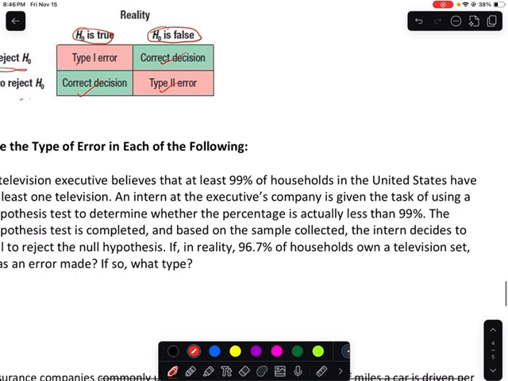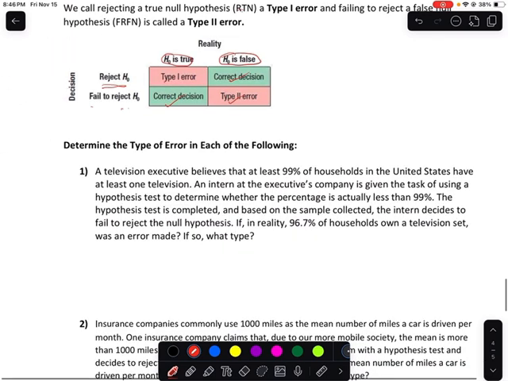Okay, so now examples where we have to determine what type of error has been made. The example says a television executive believes that at least 99% of households in the United States have at least one television. An intern at the executive's company is given the task of using a hypothesis test to determine whether the percentage is actually less than 99%.